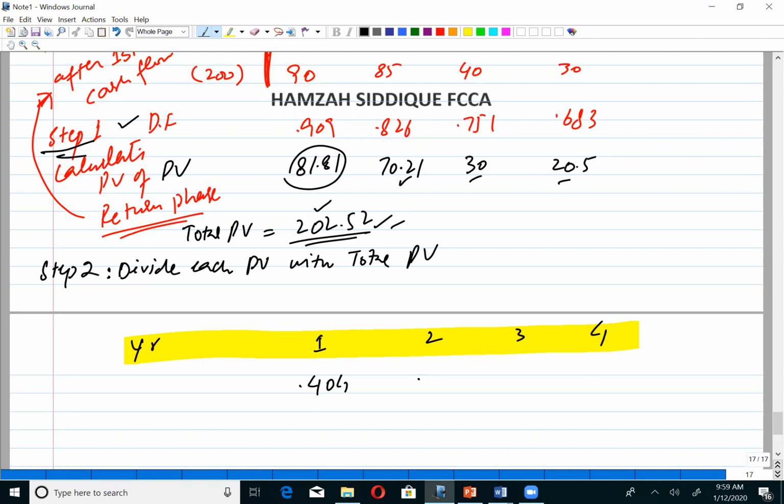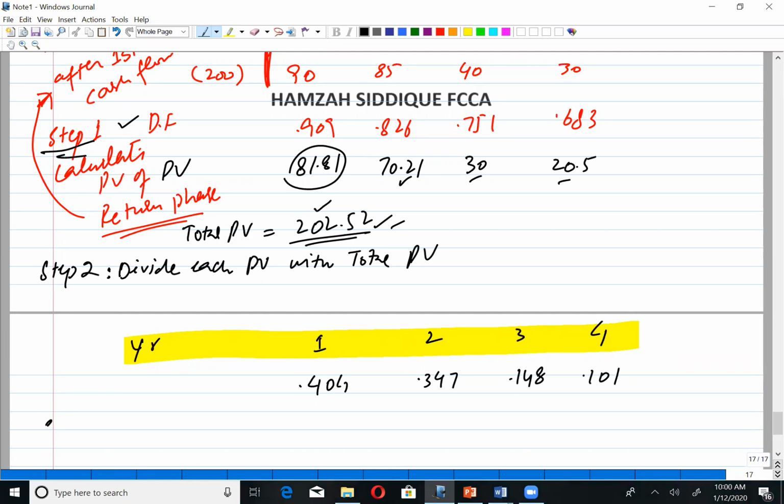Yes, 0.347. 30 divided by 202.52. Yes, 0.148. 20.5 divided by 202.52, 0.101. Now students, we have calculated the fraction.